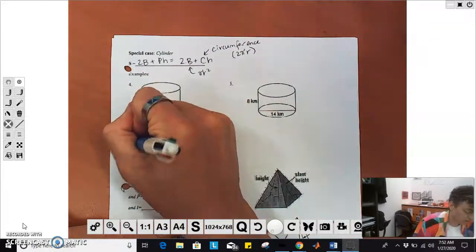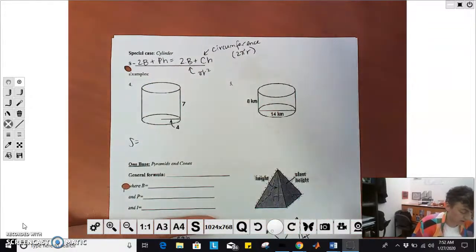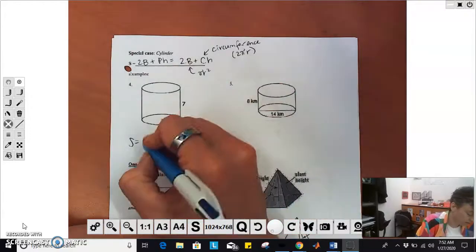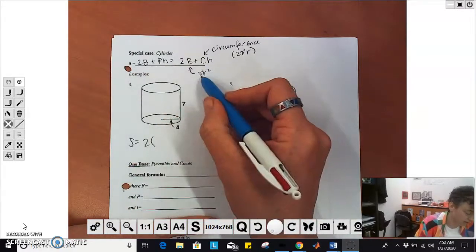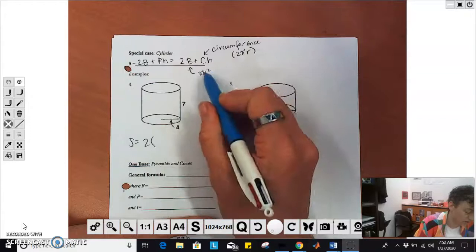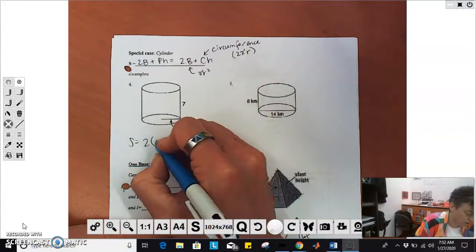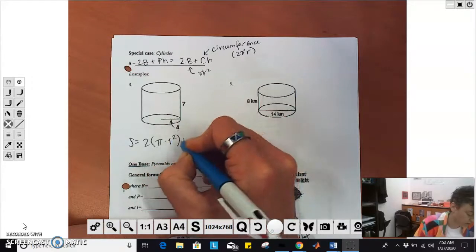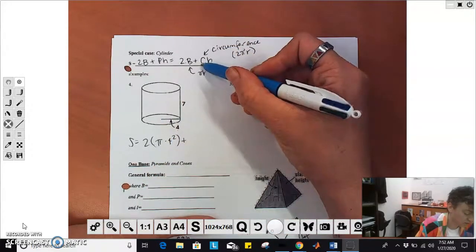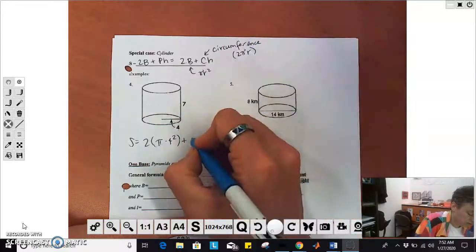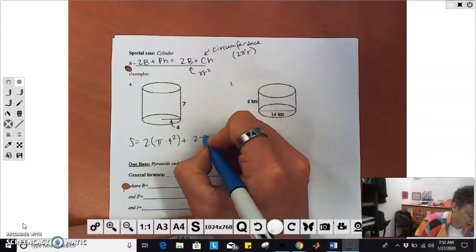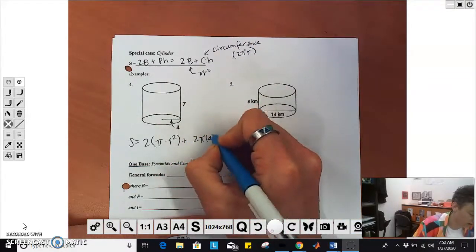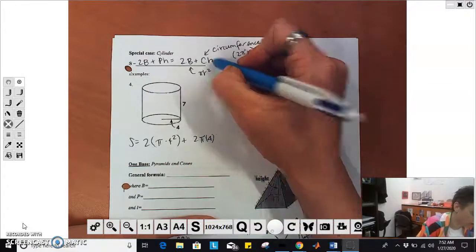So S would be 2 times area of the base, pi times r squared. R is 4. Pi times 4 squared plus C is our perimeter, so 2 pi times 4 is our radius, and h is still our height, which is 7.